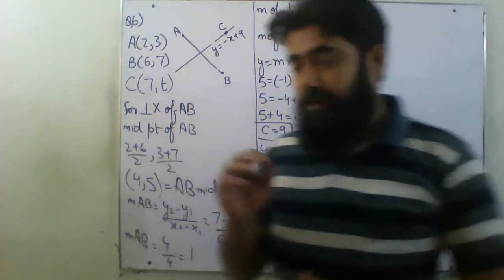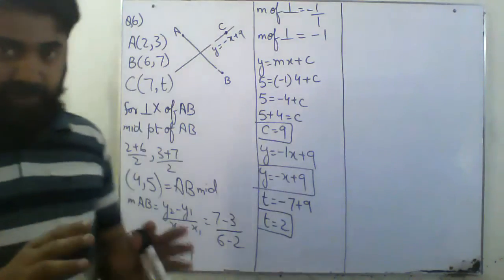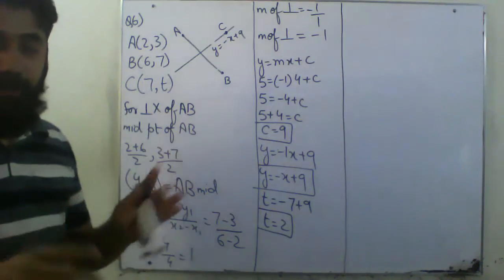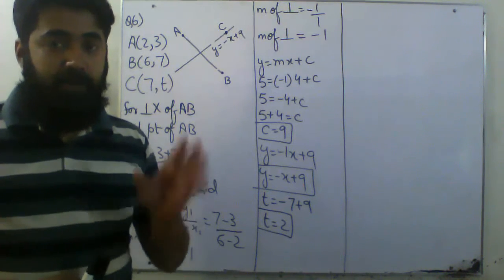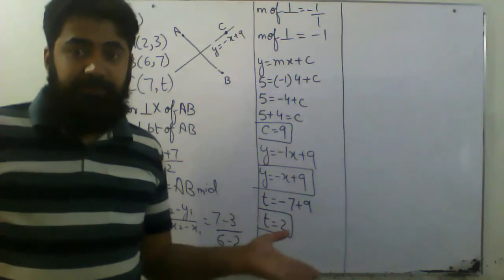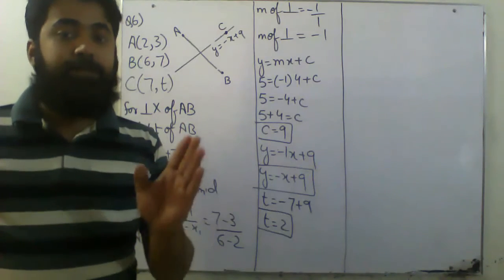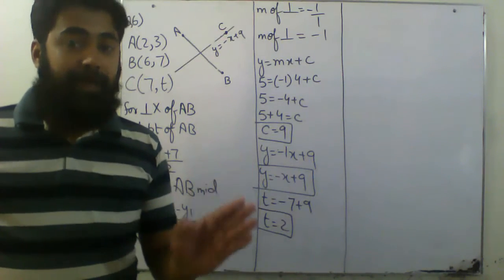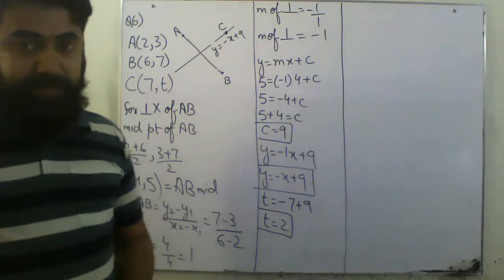I have to find D somewhere, I don't know where, but when I plot it, after plotting D, AB should be the perpendicular bisector of CD.